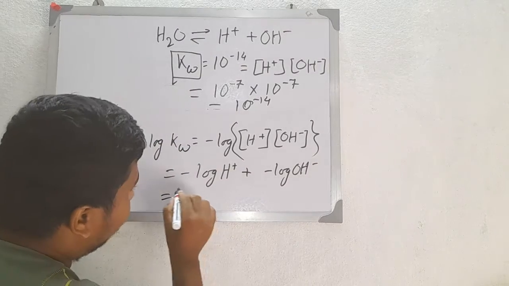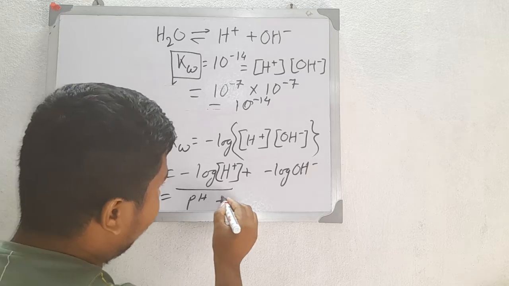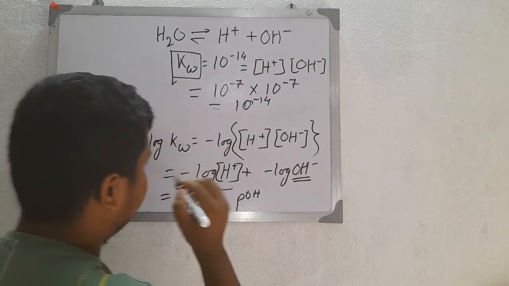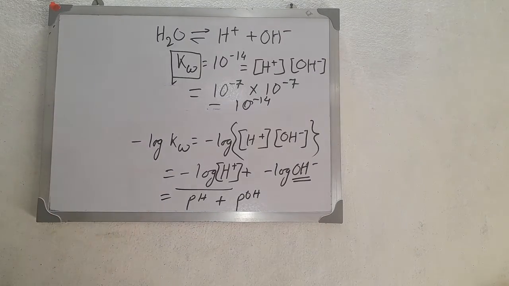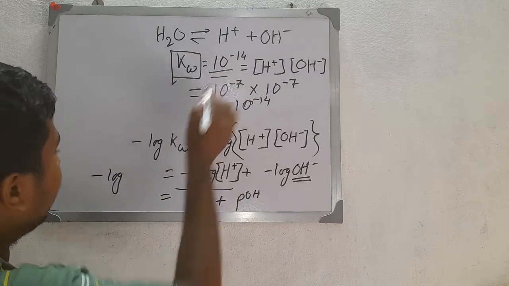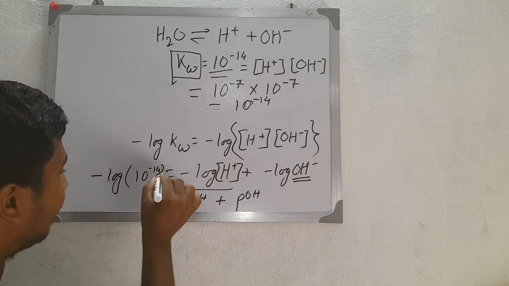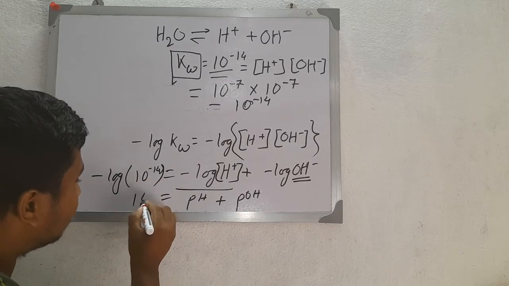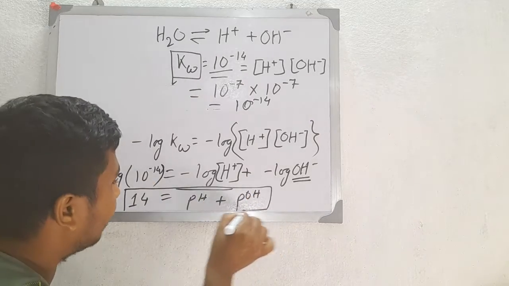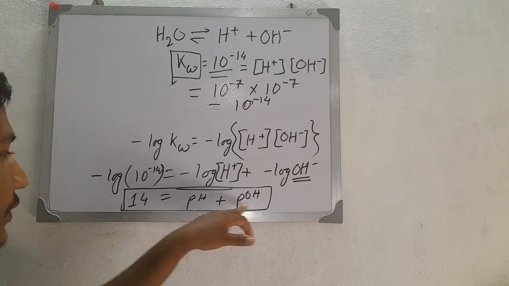Minus log of H plus means pH and minus log of OH minus means pOH, and minus log of the Kw value 10 to the power minus 14. So we put it in a calculator, and its value is equal to 14. So pH plus pOH equals 14. From this condition we get pH plus pOH equals 14.